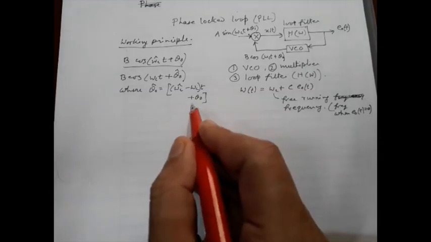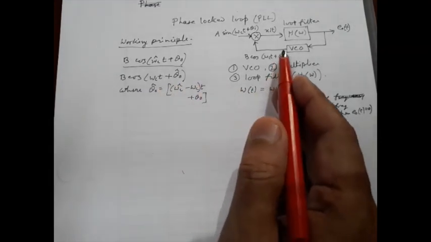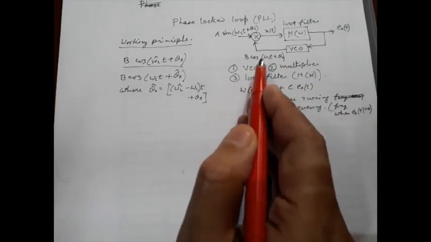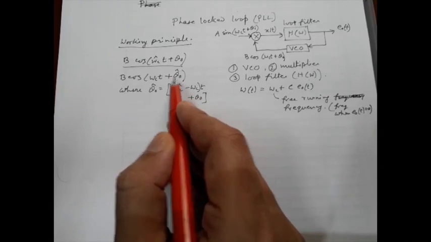That means if there is a change in frequency, that change in frequency can be written in terms of change in phase. That is why it is called phase lock loop.